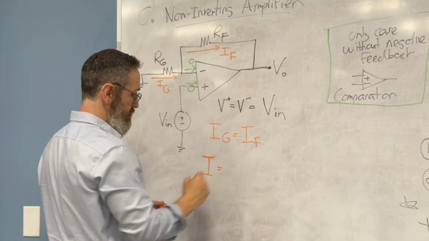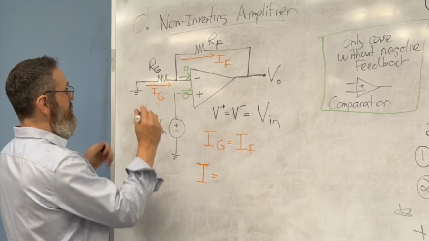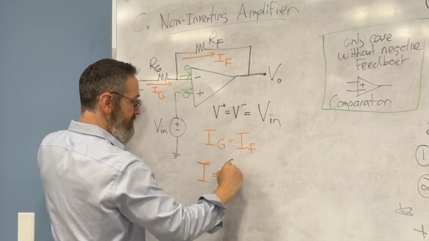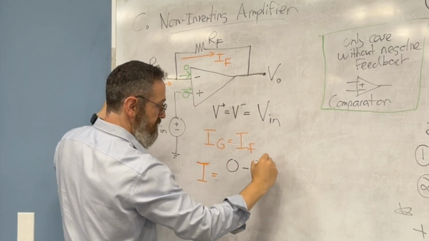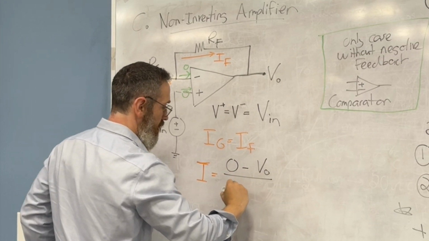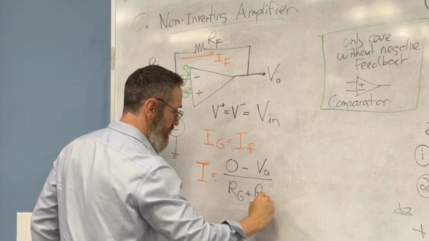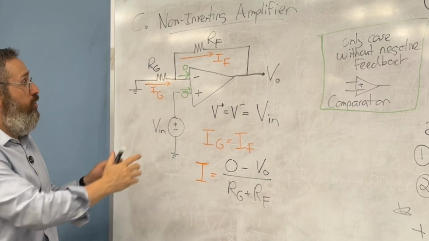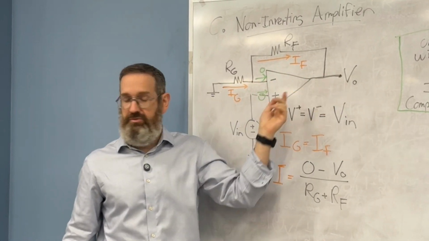I is equal to, if I were to do it across the whole thing, 0 minus V out over R sub G plus R sub F. That is Ohm's law across the equivalent circuit, just like we did before.